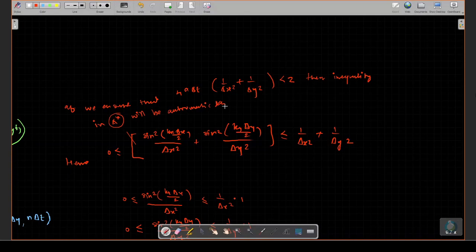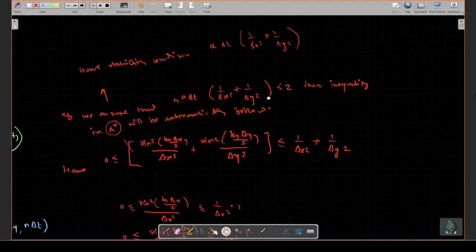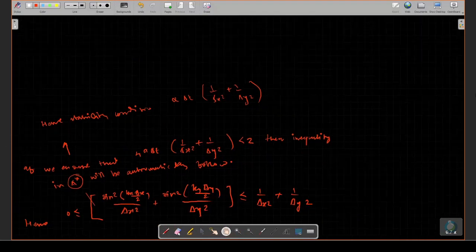Hence the stability condition becomes alpha delta t times 1 over delta x square plus 1 over delta y square should be less than or equal to 1 by 2.